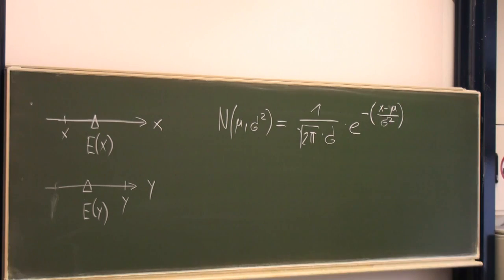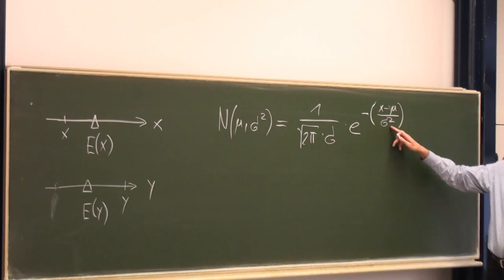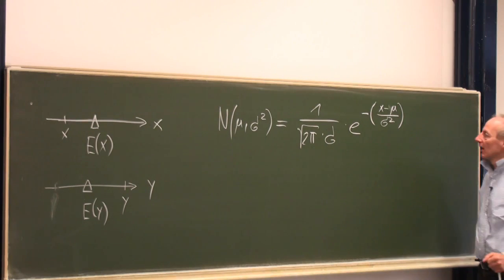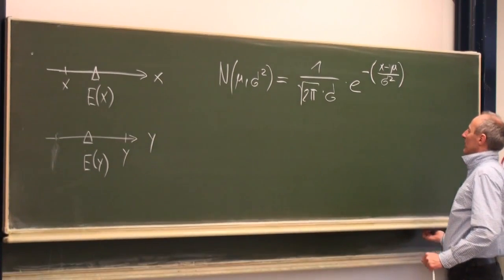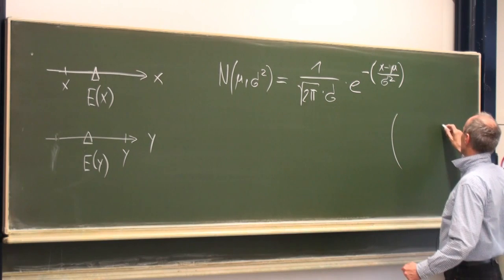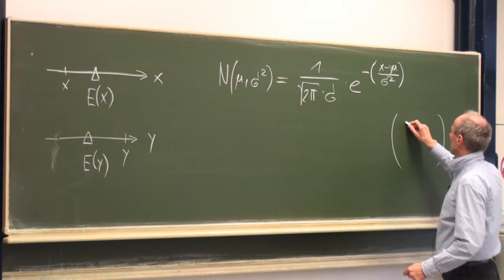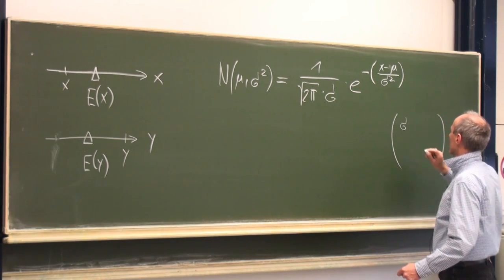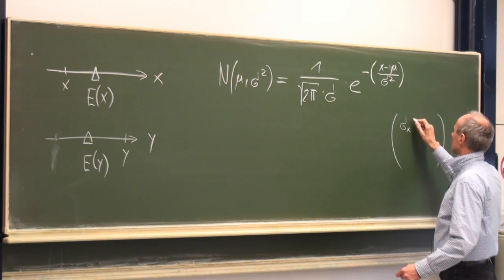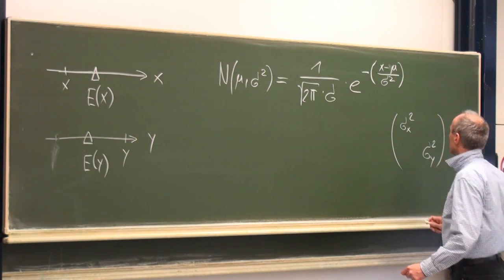Yeah, that's the one-dimensional formula. And you see, we have this sigma squared in the denominator. And our covariance matrix, let's look at it in, let's say, 2 dimensions. Then here we get sigma x squared, and here we get sigma y squared.